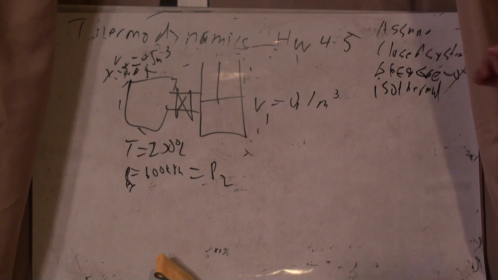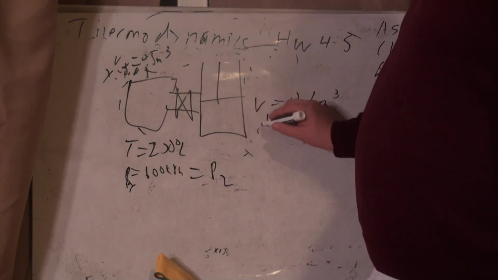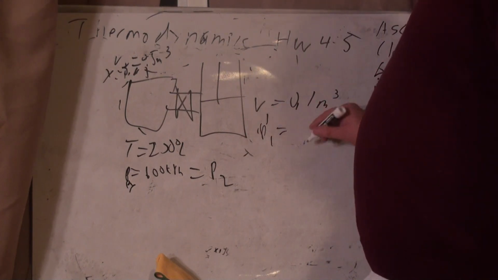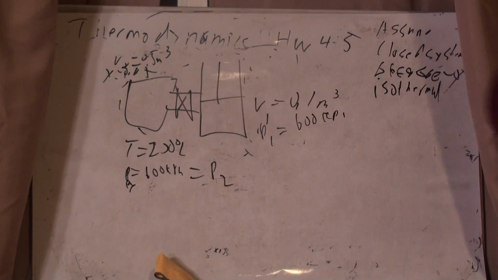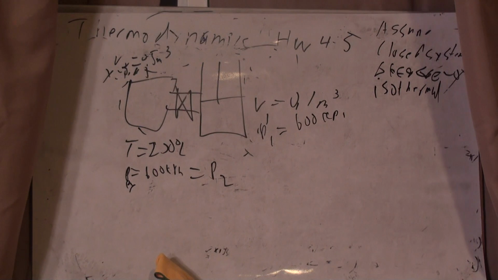Right now, this is in equilibrium, so P1 has to be equal to 600 kPa, because this is in mechanical equilibrium before we start. As soon as I add in this mass, though, the system as a whole won't have a 600 kPa pressure, so everything needs to equilibrate.